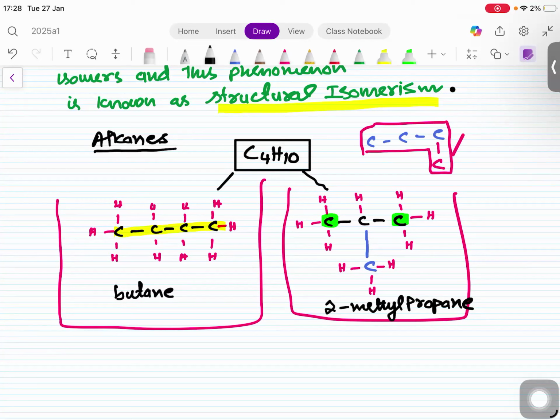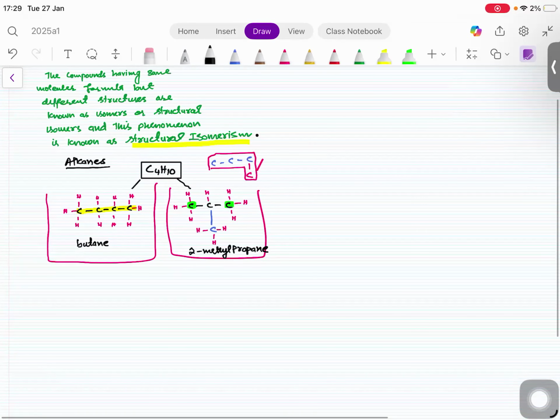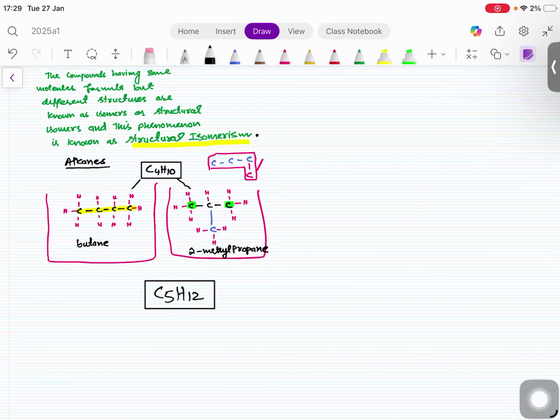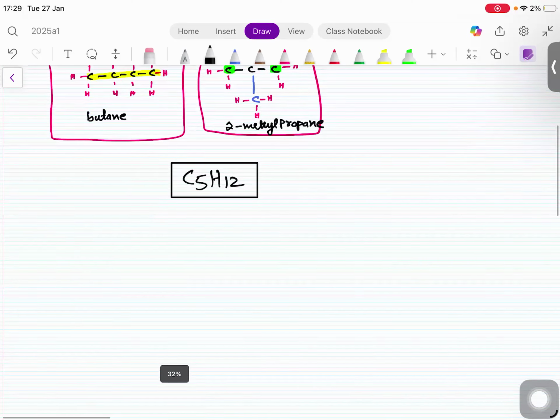But when a compound with one molecular formula has two different structures with different sets of properties, they are known as isomers. And in alkanes, isomerism is just like putting the straight chain carbons in the form of a branch. Let me give you one more example, C5H12. This is another alkane with the molecular formula C5H12. Look at this.